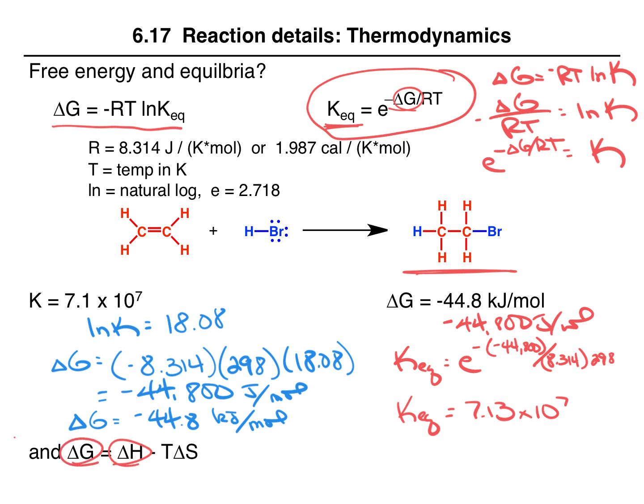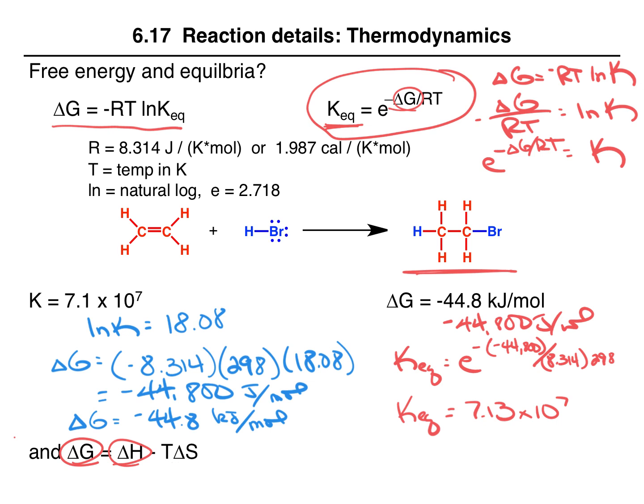So mathematically, I want you to be able to use these different equations to calculate the equilibrium constant from the delta G, to calculate the delta G from the equilibrium constant, or to calculate the equilibrium constant starting with the delta H and delta S and knowing what the temperature is.